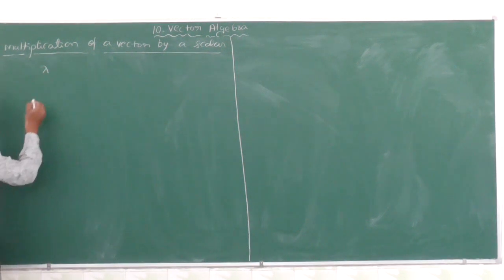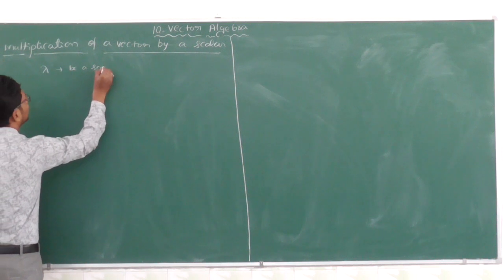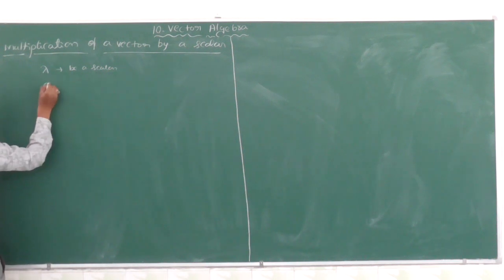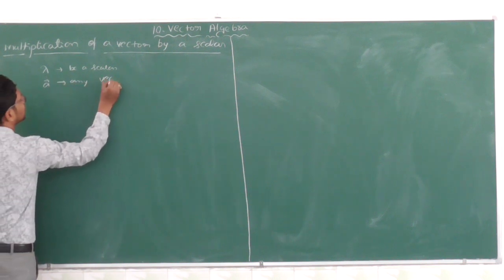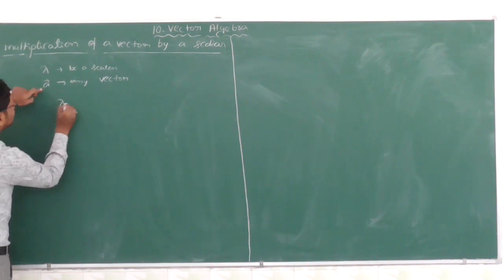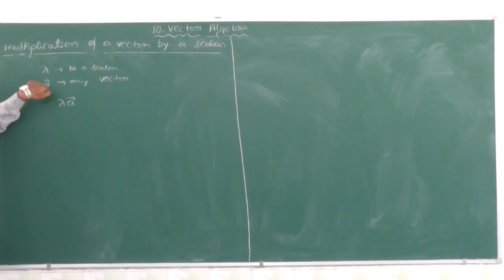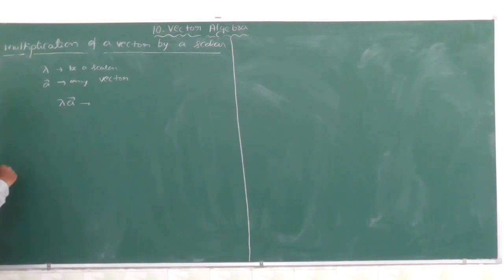Let lambda be a scalar, and a be any vector, then the product of lambda and vector a, lambda a vector, is called multiplication of a vector by a scalar.